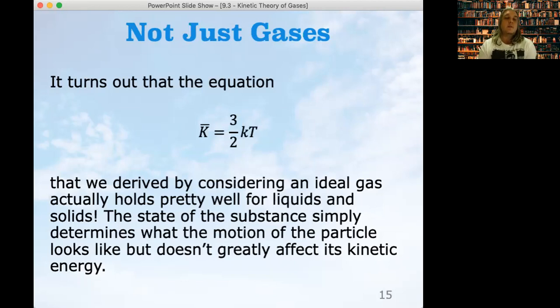So most substances do abide by this equation, but there are some other relevant factors that complicate things for some of the other aspects of the system we talk about. So the ideal gas law obviously won't hold for a liquid or a solid, but the average kinetic energy part, that one conclusion that we came to, this one equation that we got out, does actually hold pretty well.